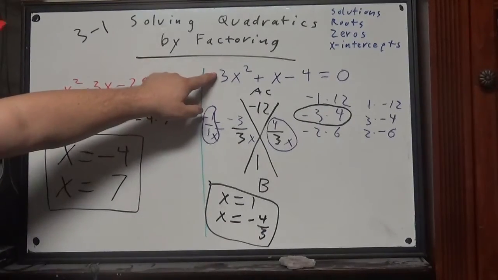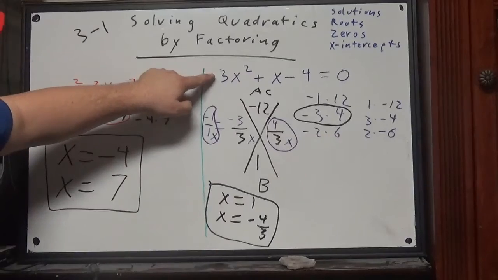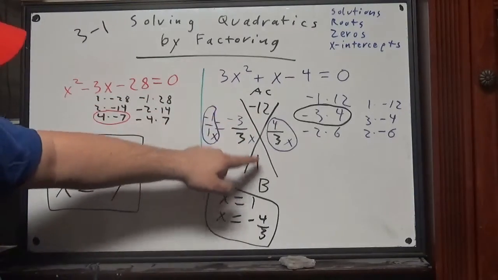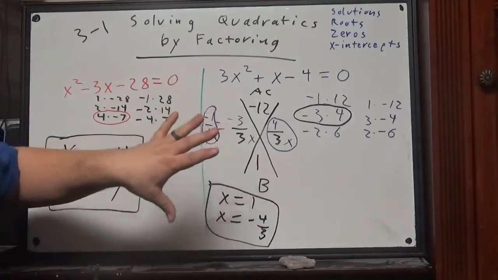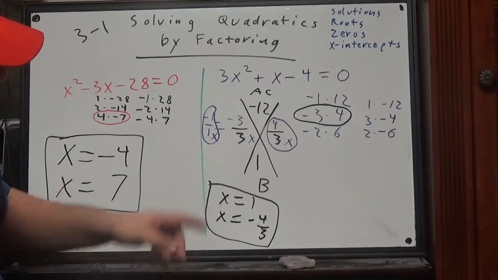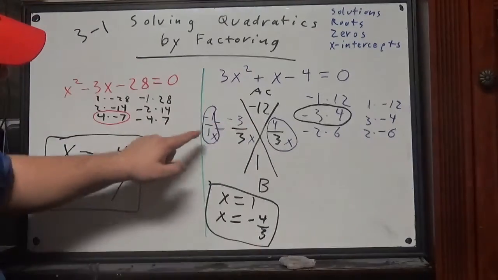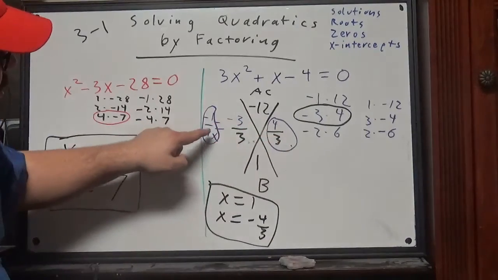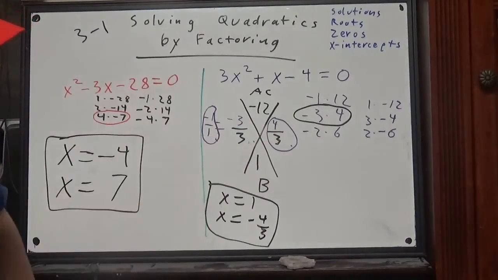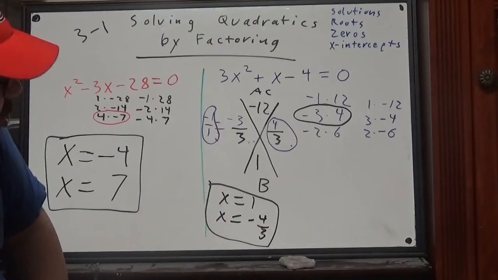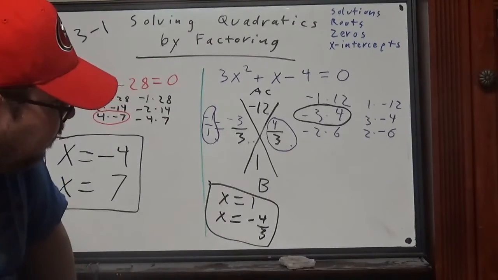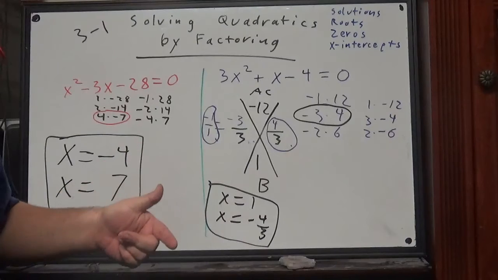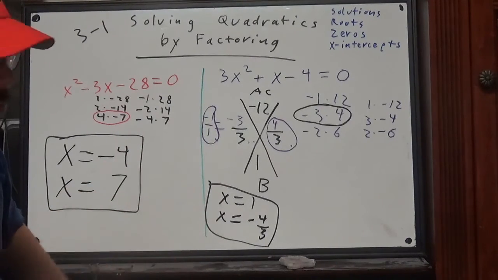If A is greater than 1, you're going to do the X method. You're going to do the exact same thing, except when you get your final answer, these X's, you don't need them. You don't even have to put these X values in the equation at all. You just simplify your fractions, flip the signs, and you're done.